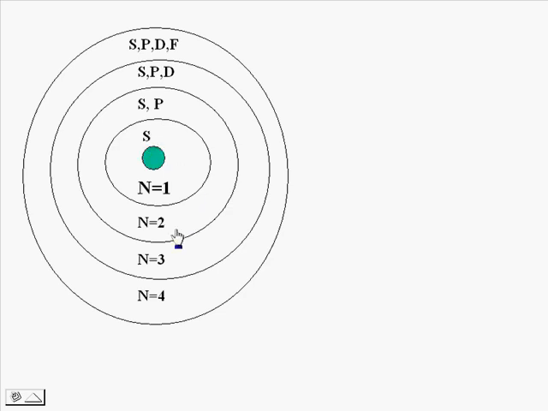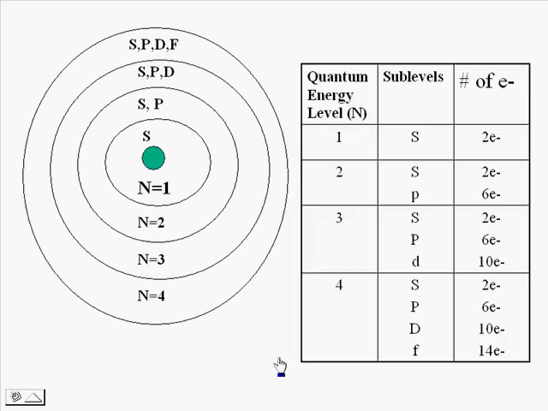At n equals 2, you're getting further away from the nucleus, you're getting larger, and so you can fit s and p-shaped sublevels. At n equals 3, it's larger, you can have s and p, and this is where the d's first appear. The fourth energy level, furthest away from the nucleus in this example, can hold the most shapes: s, p, d, and f. It makes sense, a larger area can hold more things.